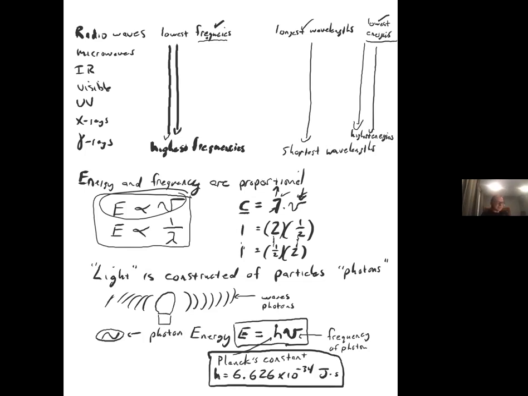So what this tells us is there is a relationship between energy and frequency, and because there's a relationship between frequency and wavelength, that means there's also a relationship between energy and wavelength. So let me write those two relationships down, and then we'll take a look at a problem here. So the two relationships, one is between frequency and wavelength. And now we have a new relationship, which is energy equals H times frequency.